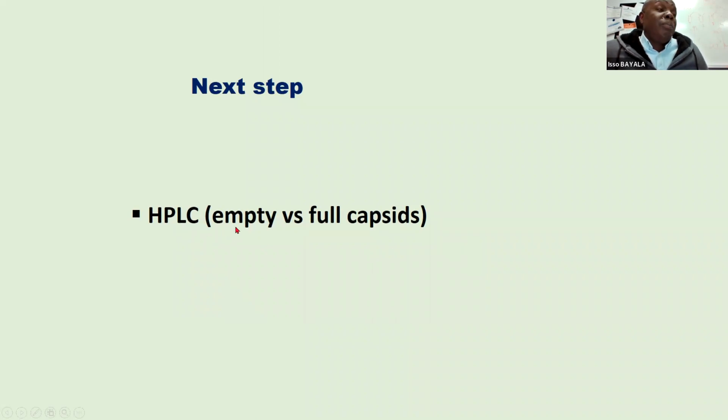So it's better, if possible, to separate the full from the empty. HPLC is one of the methods known to do that. We haven't been able to do it yet. We tried many times, but it has not worked yet, but I'm still working on it. So that's what we have done so far.